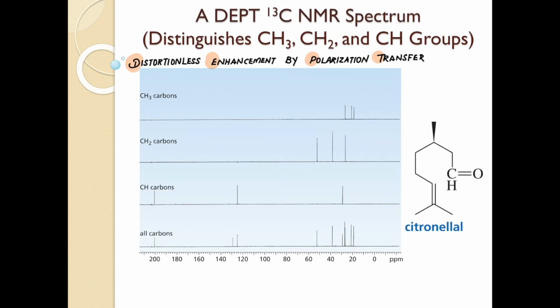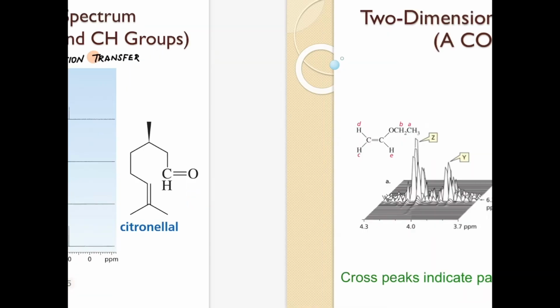The first gives only the methyl carbon signals, the second gives the methylene carbons, the third is only for the methine carbons, and the last gives the signals for all the different carbons, from which you will be able to identify the compound very easily.